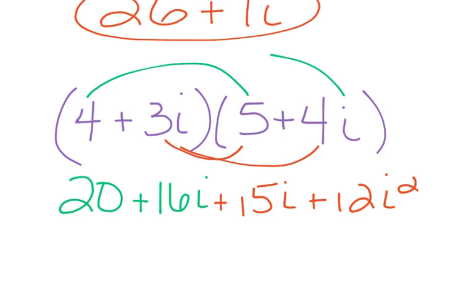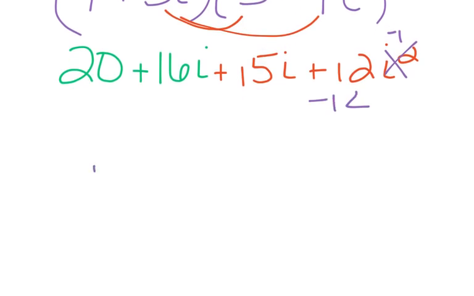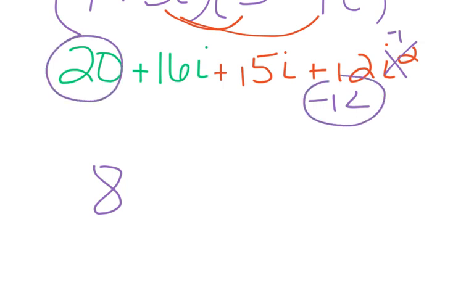Now i squared again is negative 1, so that makes this negative 12. So we get 8 then, because 20 and negative 12 makes 8, plus 31i.